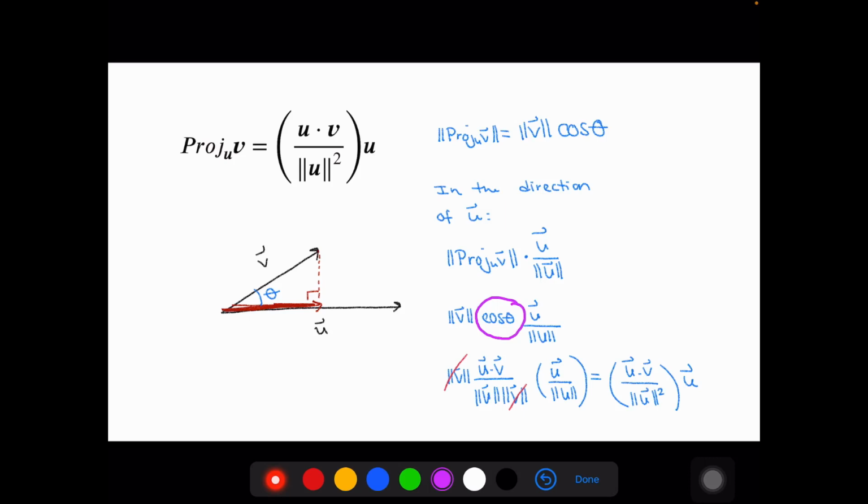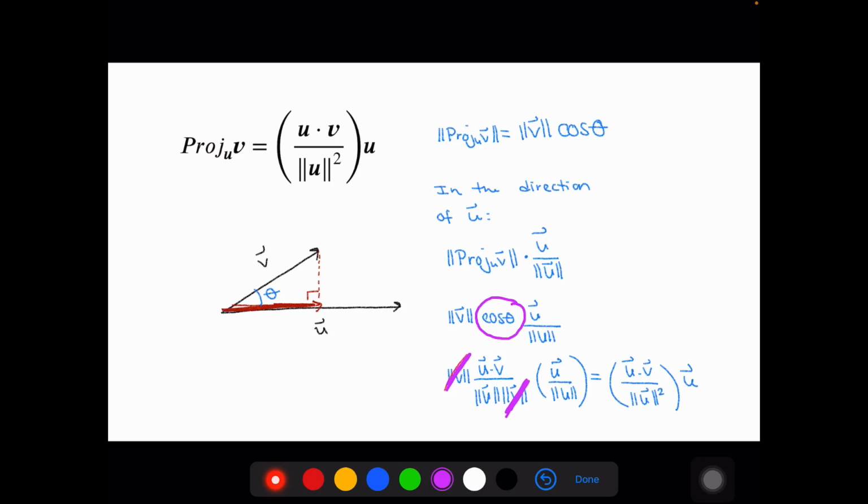We can do some simplification and we end up with the formula that I have on the screen. Because the magnitude v's cancel out, we're just left with u dot v, and on the bottom we have magnitude of u times magnitude of u. I'm going to write that as magnitude of u squared, and then still times vector u. All right, so that is how we're going to compute a projection of a vector onto another vector.